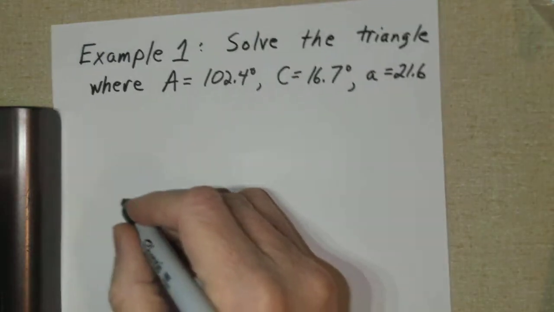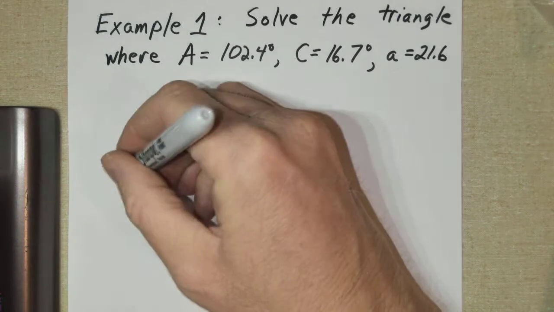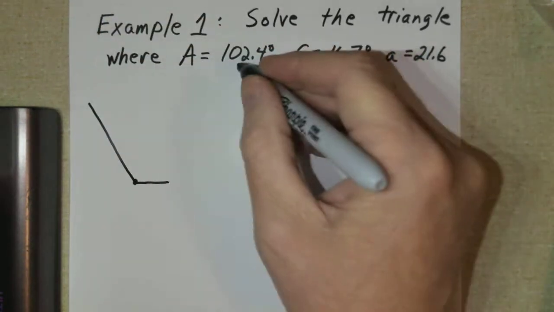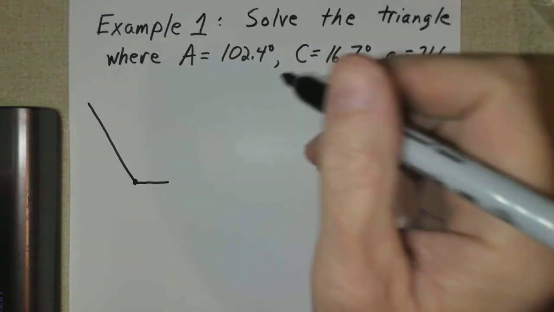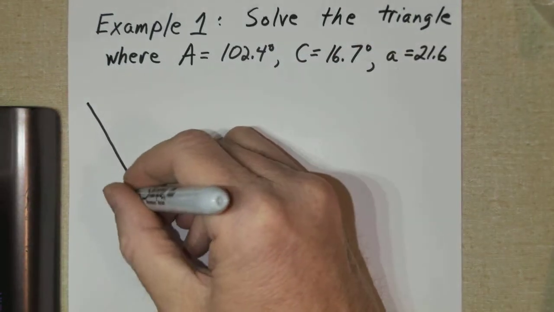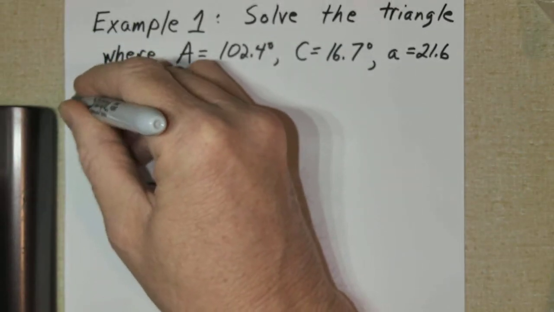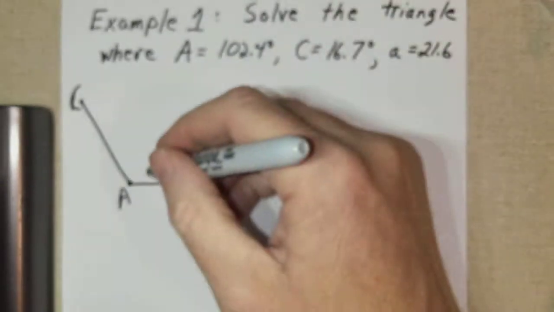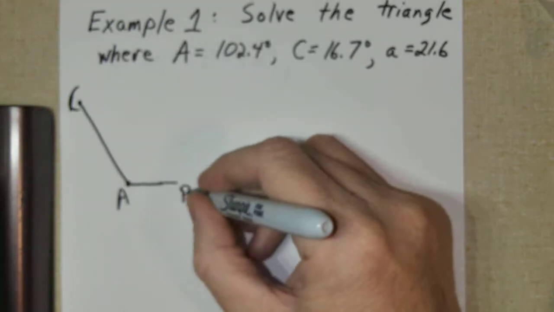I usually put angle A down here. Okay, I'm going to just draw this out a little bit, an obtuse angle. That's probably a little more than what it should be, but 102.4 degrees. And I'm going to put this at A, and usually I'll put C over here, and I'm going to put B over here somewhere.